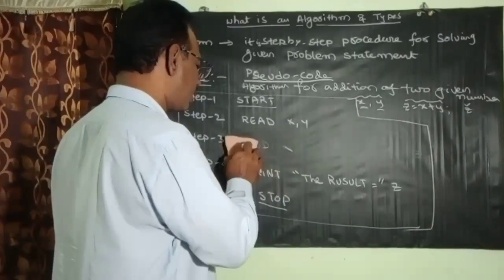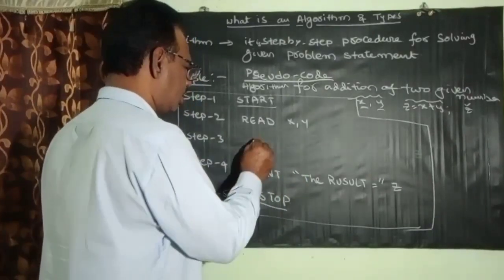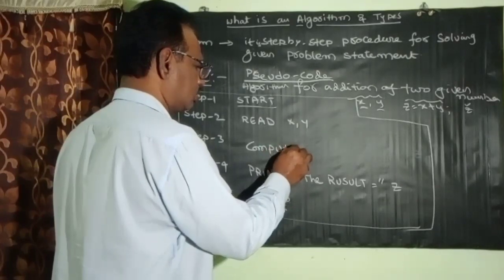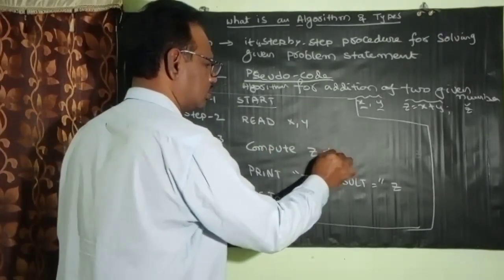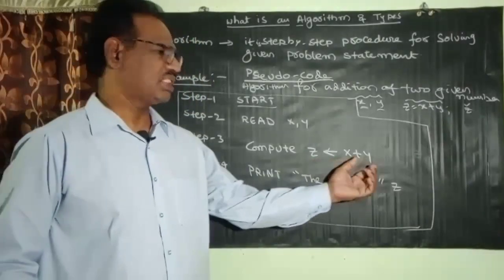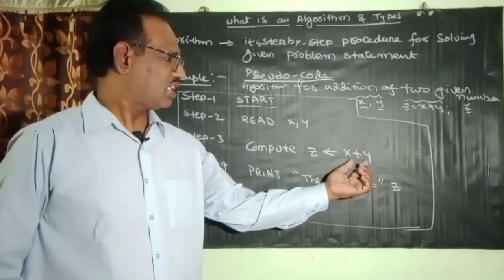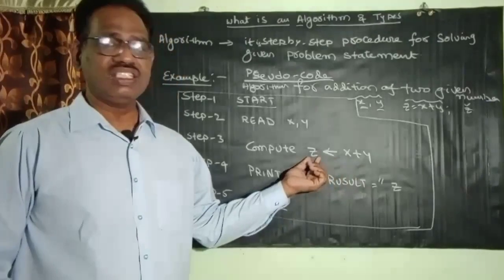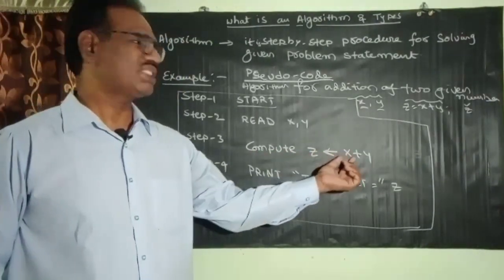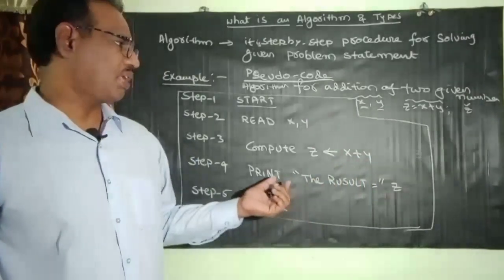For this you can write compute x plus y. Here, arithmetic operation x plus y, addition, and that result we are going to assign to z. So compute z equal to x plus y. That is the statement form I have given.